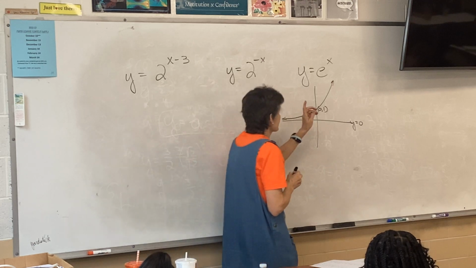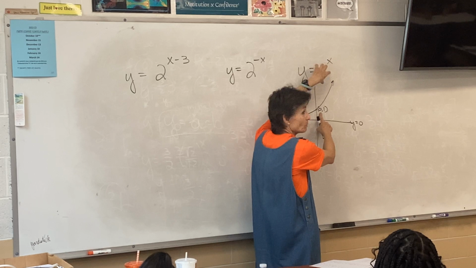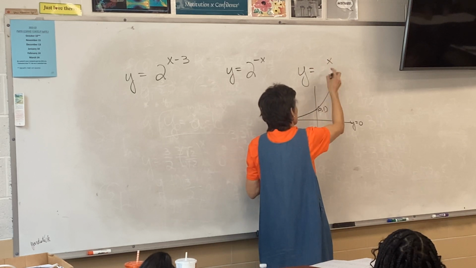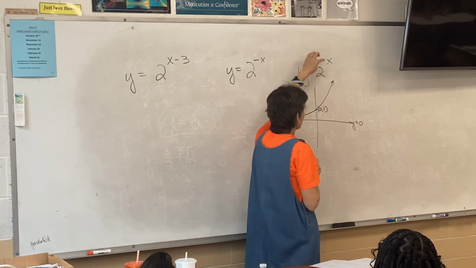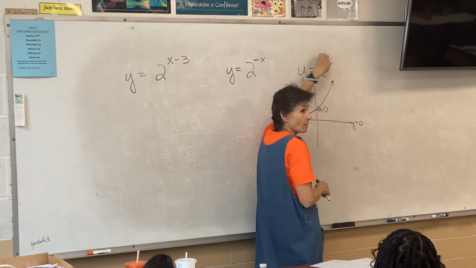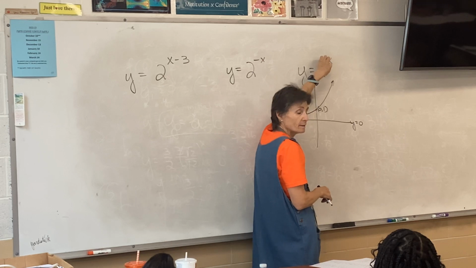Now notice that if I let x be 0, this is going to be 1, right? Well, what happens if I change that to a 2? If I let x be 0, is that still 1? Kids, what's 2 to the 0? 1.